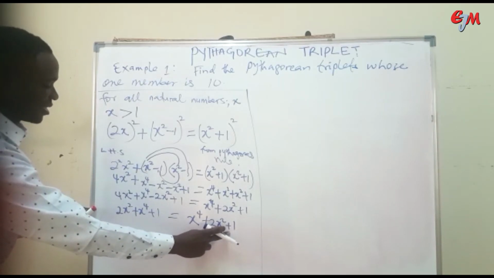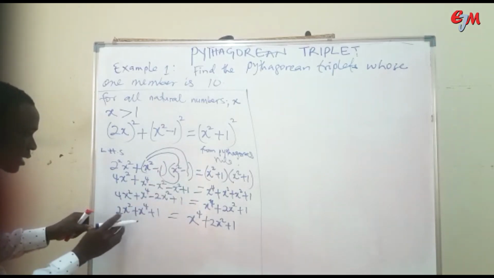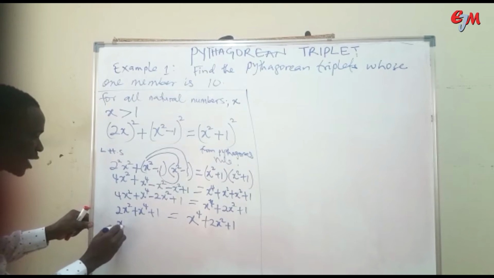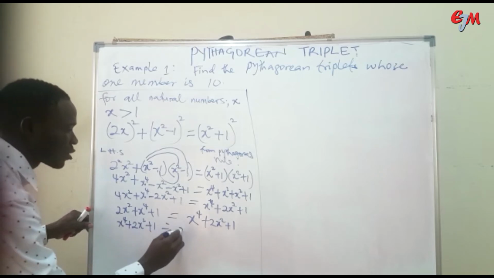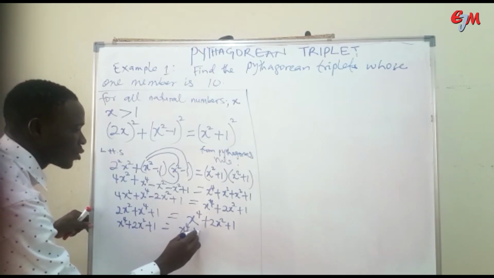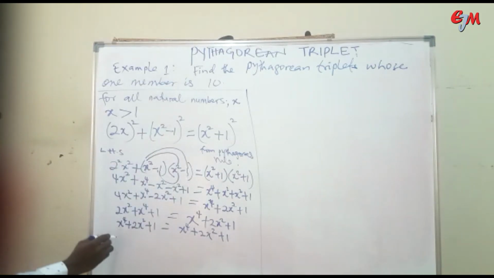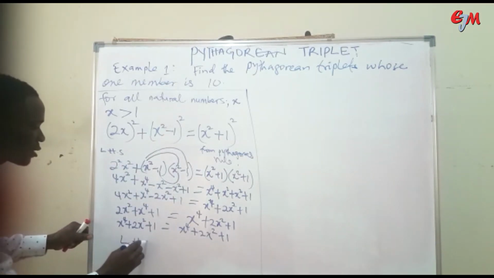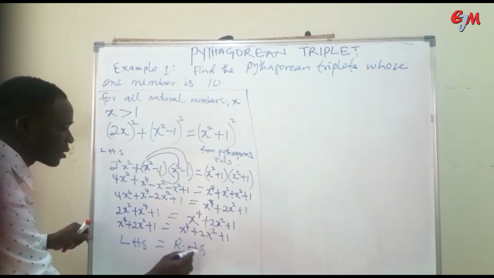your right hand side? Remember that addition is commutative in the sense that it can also be written this way: x power 4 plus 2x squared plus 1 equals x power 4 plus 2x squared plus 1. Can you now see that your left hand side now is equal to your right hand side?